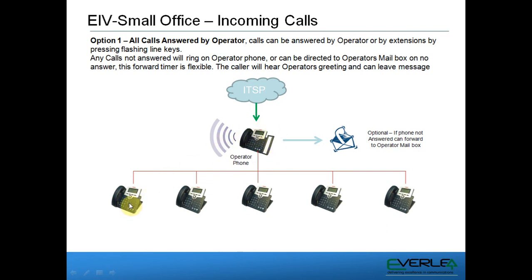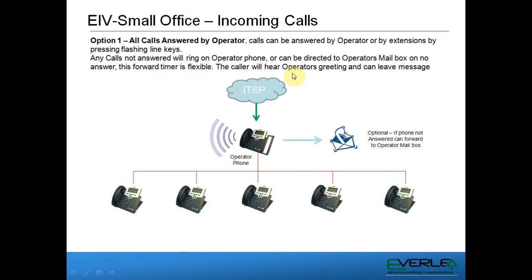On all the other phones, the line keys will be flashing, indicating there is a call coming in, and if they hear the operator ringing, they can press the line key and then they will answer the call. Okay? If the call is not answered, it will be directed to the operator's mailbox or no answer. Okay, and this forward timer is flexible.